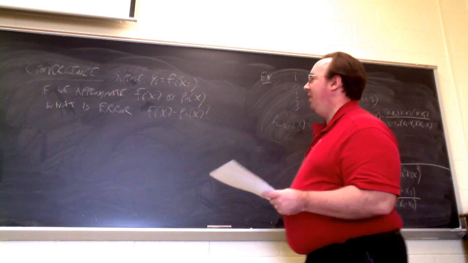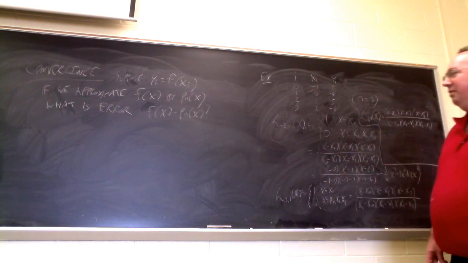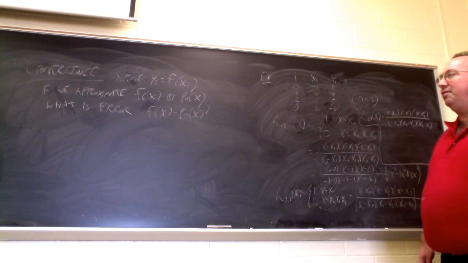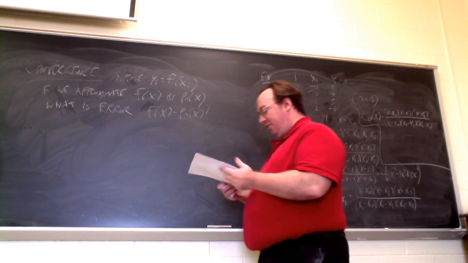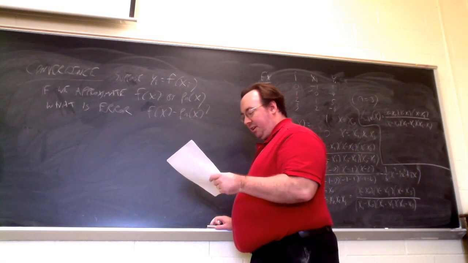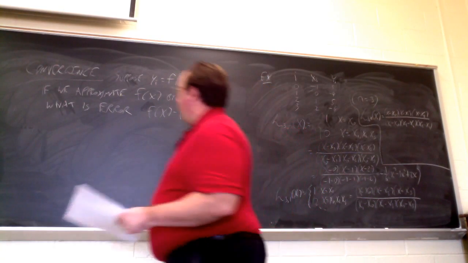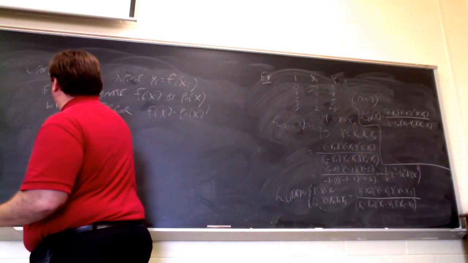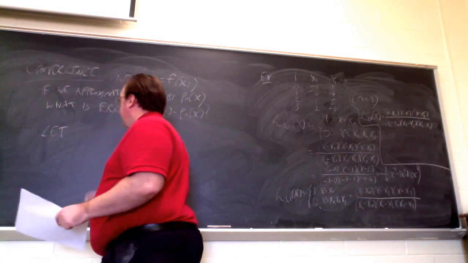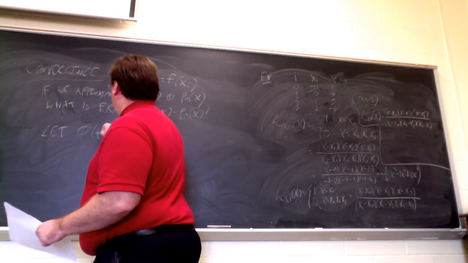Now, I have this proof that can be found in the textbook, and it's a delightfully tricky proof of the error formula. It relies on some ideas from Calculus 1. So let's just define this rather strange function, phi of t.